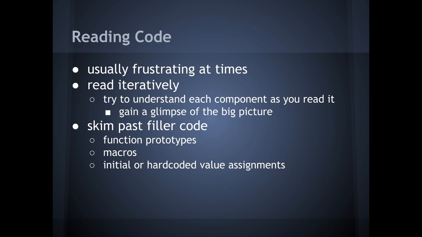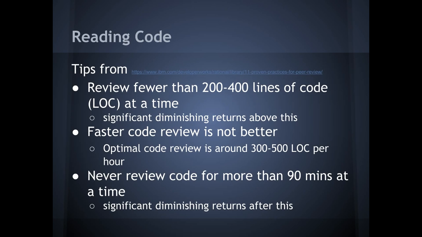Some header file stuff, but that can be important sometimes. And it's important, in your thoroughness, to read iteratively, to understand each component as you observe it, to gain a more complete picture of what's going on overall.